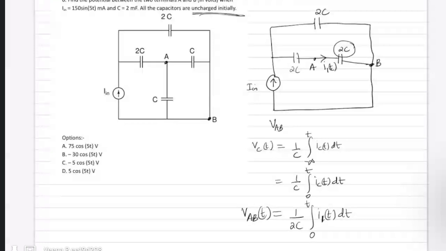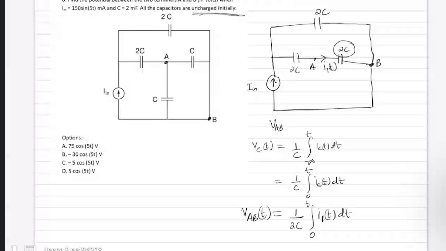So I1 of t is I in times C divided by C plus 2C. Also I2 of t is I in multiplied by 2C divided by C plus 2C, which gives I1 of t as I in by 3 and I2 of t as I in into 2 by 3. Is this clear till now?